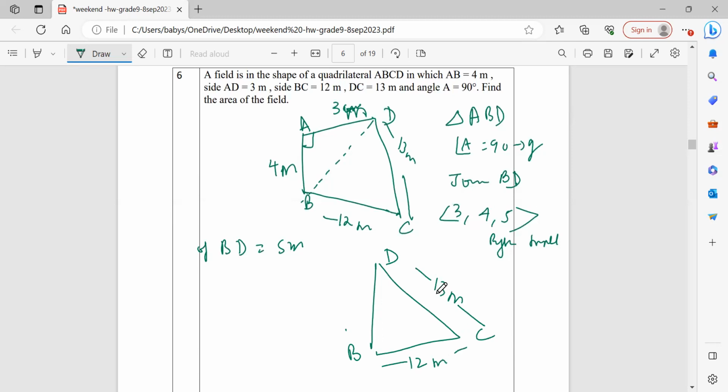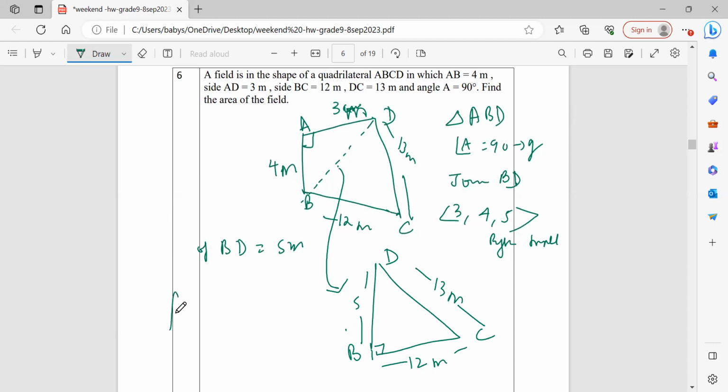Just now I found out BD, which is 5. That 5 has come here, the diagonal 5. I've just redrawn it like this. So again, it's a right angle triangle only. Why? Because 5, 12, 13. So this triangle will necessarily be a right angle triangle.